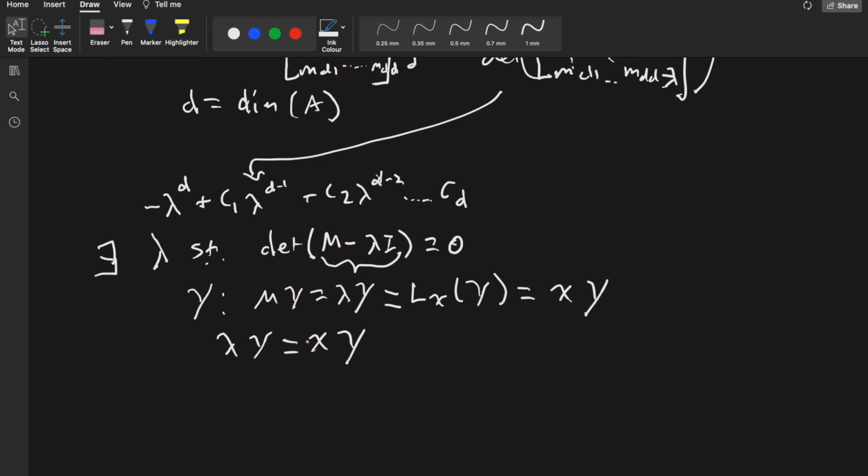So what can we do with this relationship? We know that gamma is non-zero, so this is an eigenvector. And because we're working in a division algebra, we can find an inverse element for gamma, called gamma inverse, such that when you multiply gamma inverse and gamma, you get the identity vector.